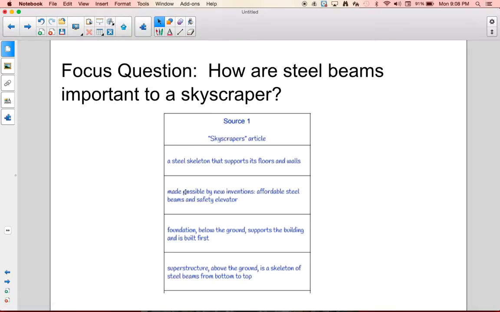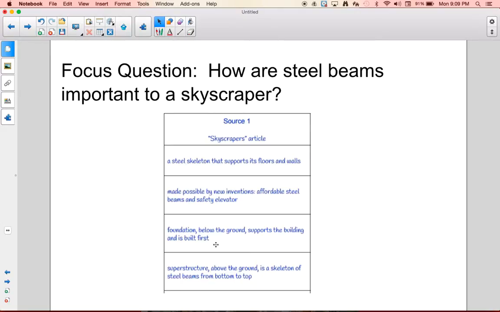The steel beams were made possible by new inventions. Now there's affordable steel beams, and then there's a safety elevator. The steel beams might not have been used previously because they were too expensive, but now more affordable steel is being used so the skyscrapers can get bigger and bigger. The foundation below the ground supports the building and is built first.